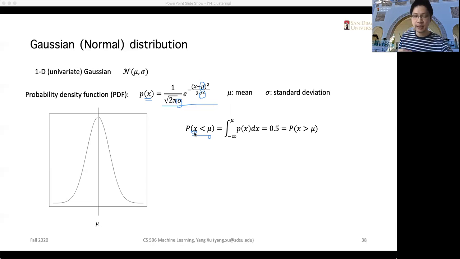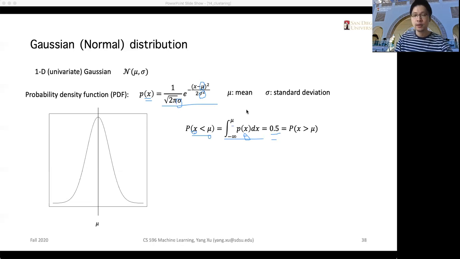So the probability that a randomly drawn value is lower than the mean value is actually the result of the integration of the PDF function within the range from negative infinity to mu, which gives us the result of 0.5.